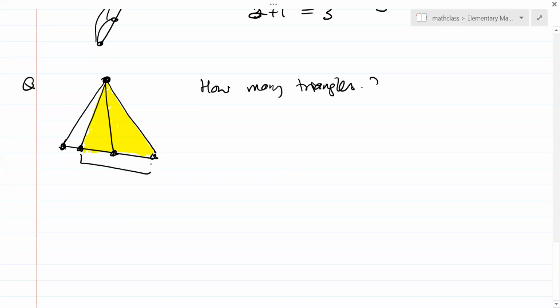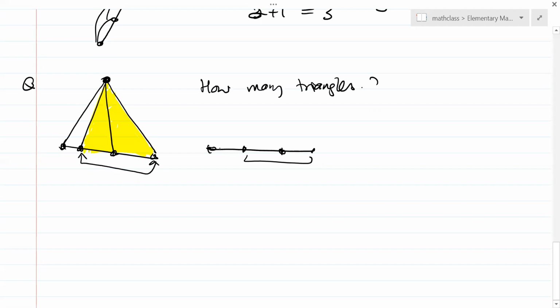So this pair determines one triangle, right? So you just count how many pairs of points, because every pair of points determines one triangle. You just need to count the number of line segments.